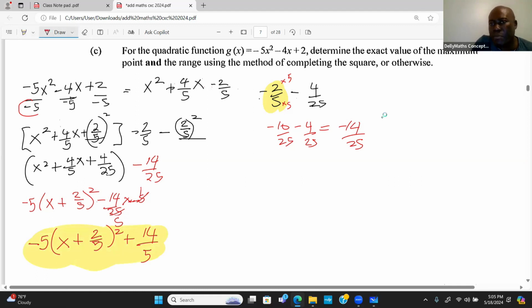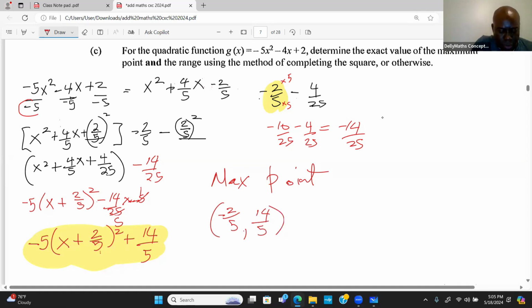Now, in response to the question, they want us to determine the exact value of the maximum point, so we're not going to round it off. The maximum point is going to be that x value right here, which is going to be the opposite of it, so negative 2/5, and 14/5.